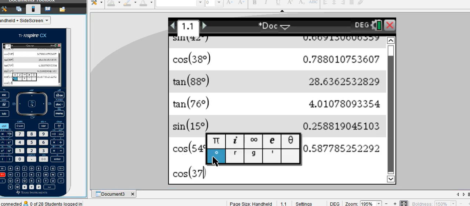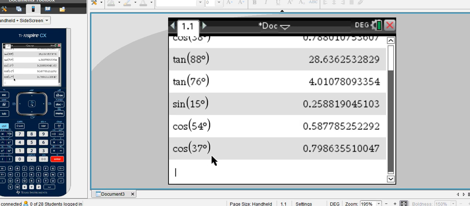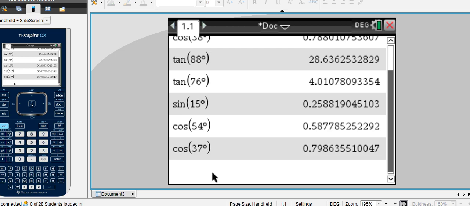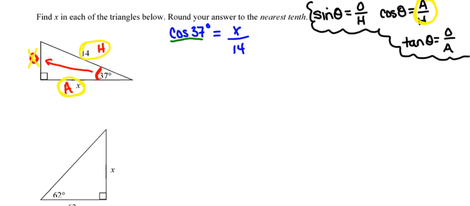And when I do that, I find that the cosine of 37 degrees is about 0.7986. And I'm always going to put 4 decimal places on my paper. So in place of that cosine of 37 degrees, I'm going to put 0.7986.